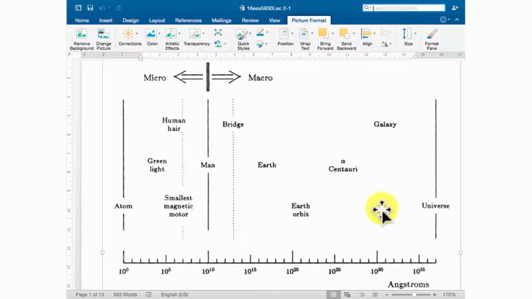Smaller than the universe, we have different galaxies, and also the Earth, different suns, and different huge objects in the universe.